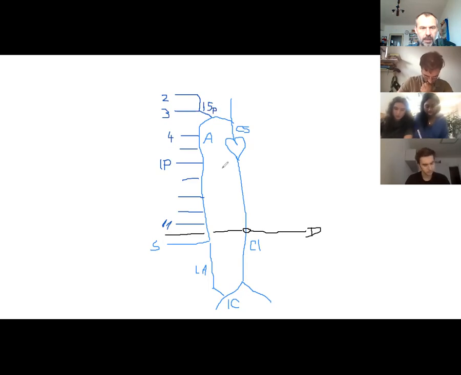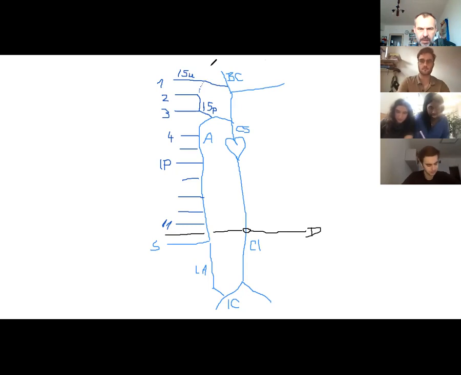Then from the first intercostal space, we have a special vein which we call the supreme intercostal, supreme like the highest. The supreme usually drains into the brachiocephalic. Of course, there can be communications, and these areas can be arranged differently.